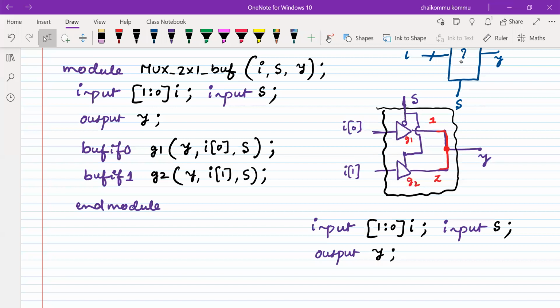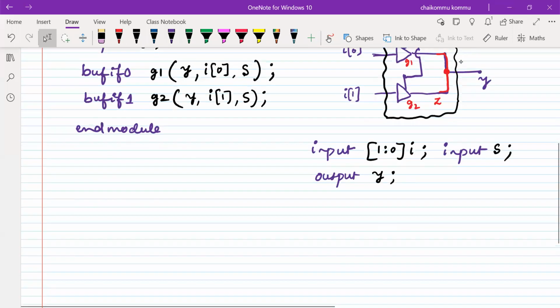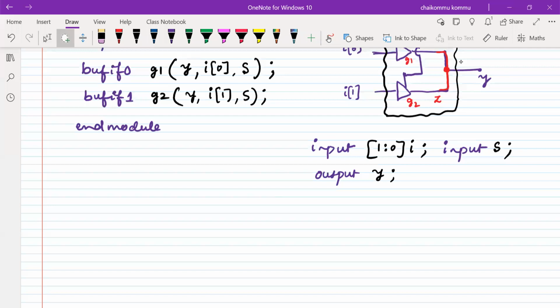Okay. So the default data type of a net is actually, or I can say it in this way. So here is my input. Here is my output, right? For this particular gate, whatever it may be, it doesn't matter.